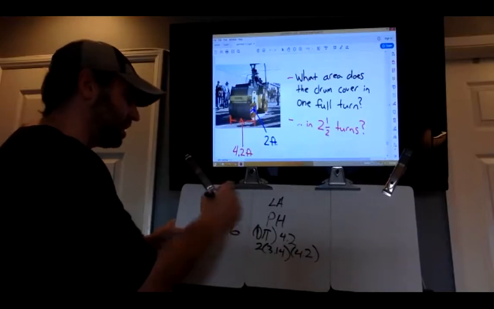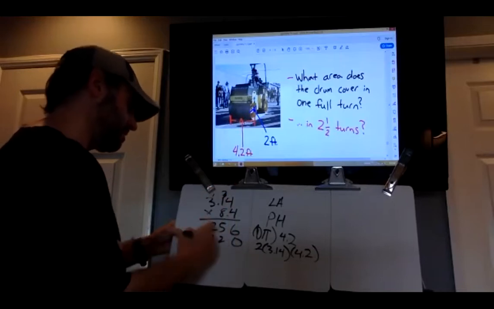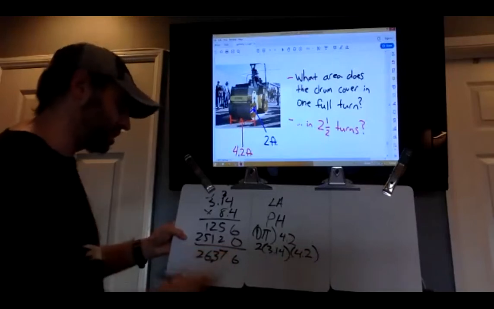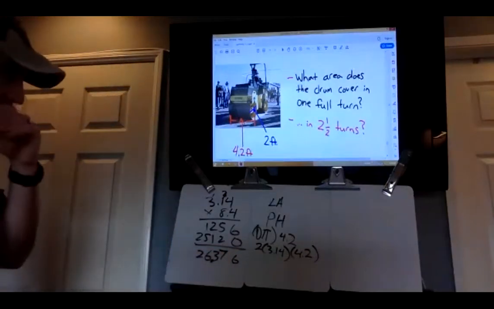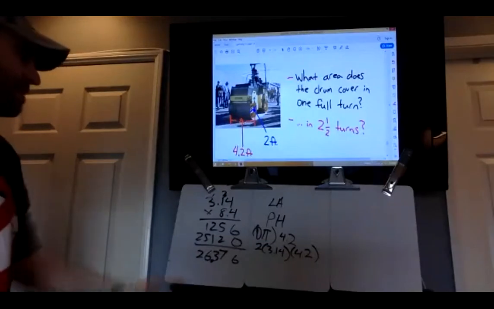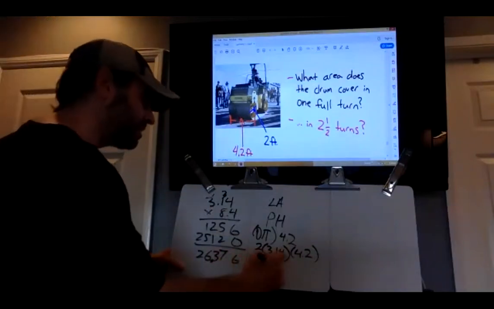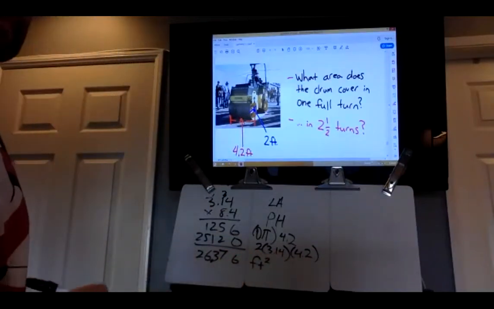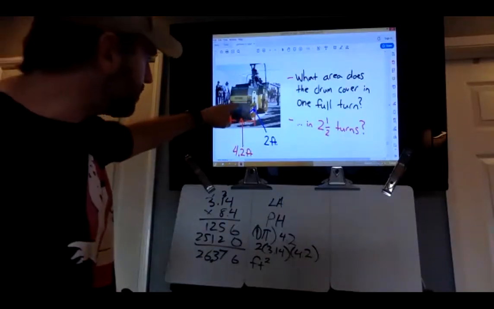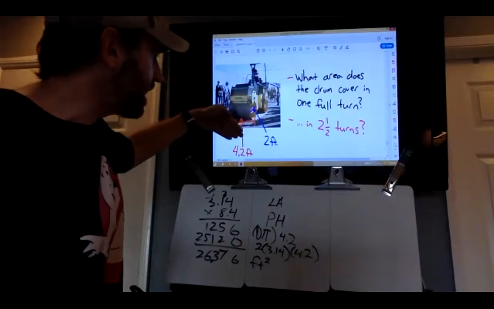Okay, 16. Hey, is that what you guys got? Yep. Okay, so what is that? That's the lateral area, right? In feet squared. Okay? All right.